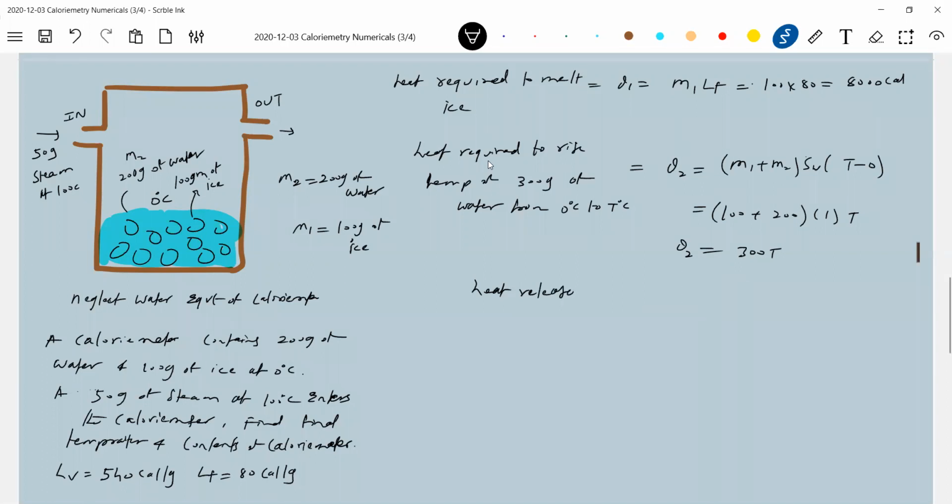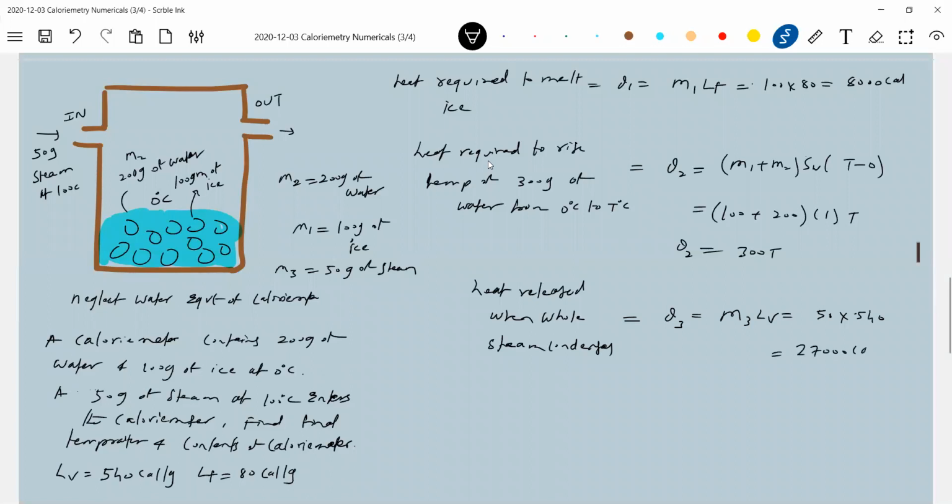What is M3? 50 grams of steam. The heat released when all steam condenses, I'll call that Q3. That is M3 into LV, 50 into 540, something like 27,000 calories is available.